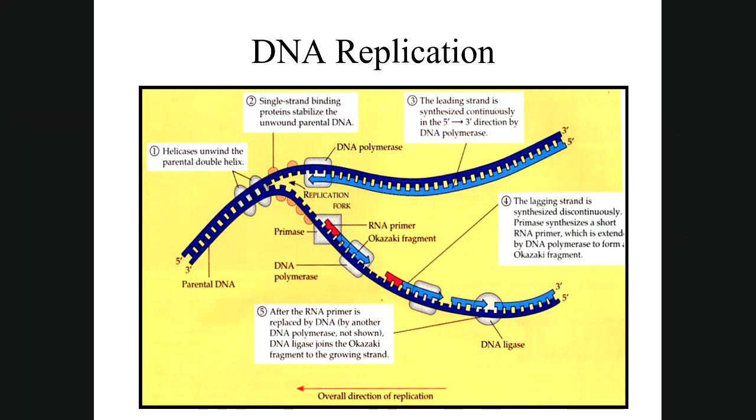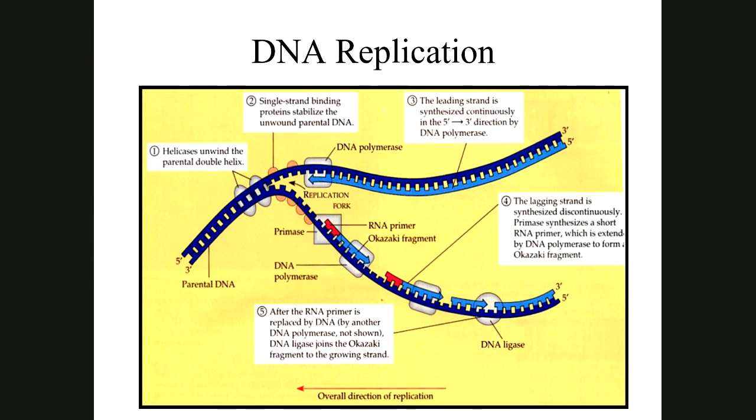You see that there's the 5' end, a new 5' end, and look, it goes all the way down to the left, and there is DNA polymerase. DNA polymerase, if you look at the way that that's worded, ASE is an enzyme. Read it backwards. An enzyme that makes a polymer of DNA. That's what DNA polymerase is, an enzyme that makes a polymer of DNA. So it locked onto the 3' end, and it starts laying down this new strand of DNA in the 5' to 3' direction, from the right to the left.